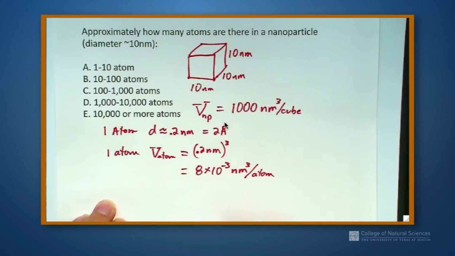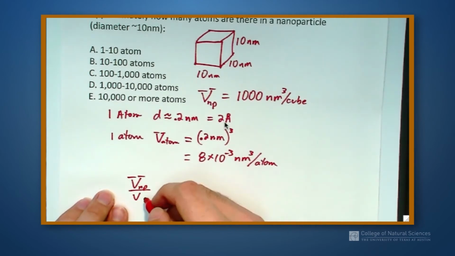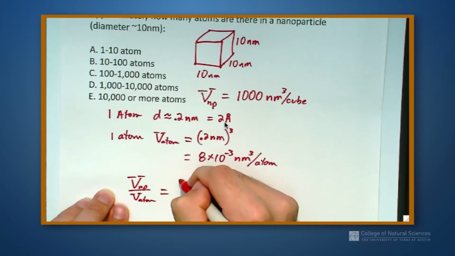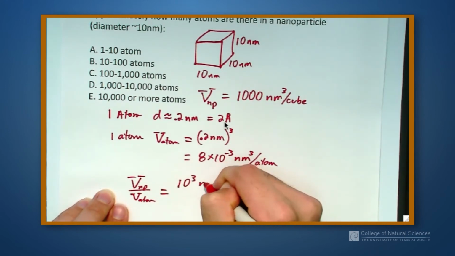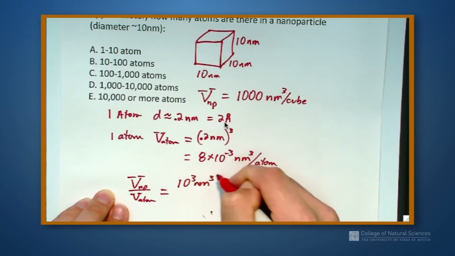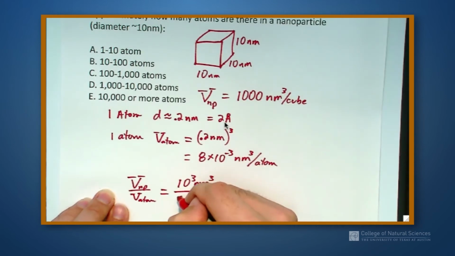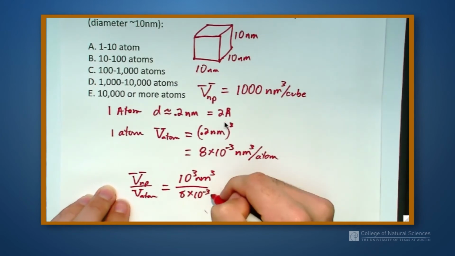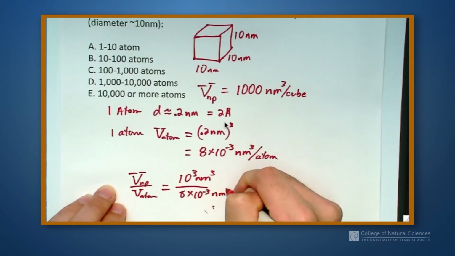So I'm going to divide the volume of the nanoparticle by the volume of the atom, which is 10 to the 3 nanometers cubed divided by 8 times 10 to the minus 3 nanometers cubed.